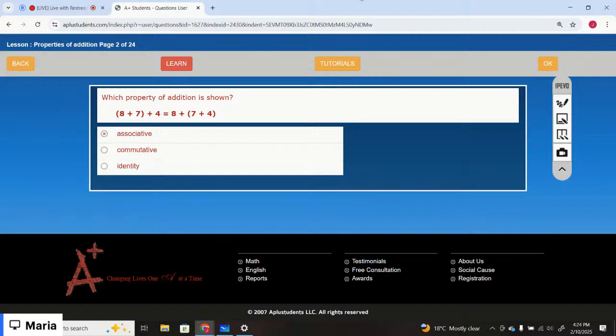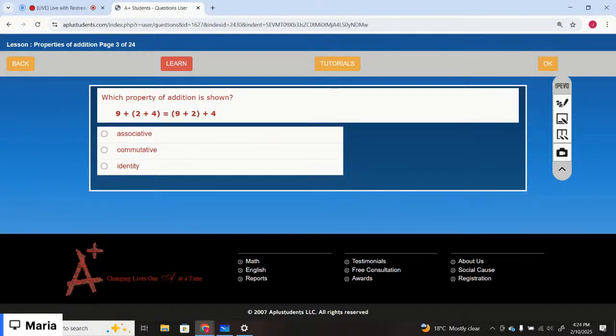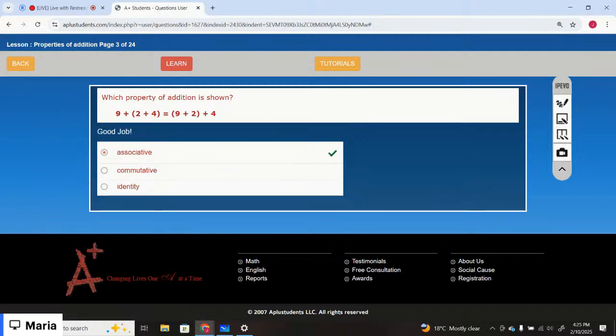The property with three numbers is associative property. Which property of addition is shown? So you have three numbers involved, both side their positions is different, and we have parentheses there. So which is the correct option? That is the associative property.